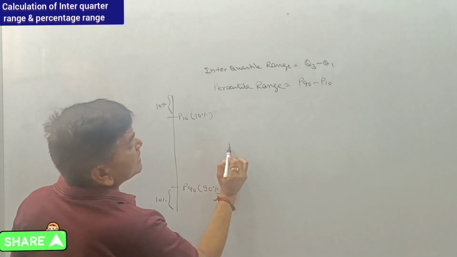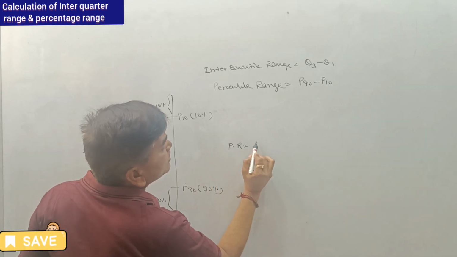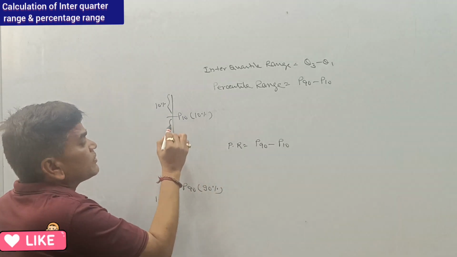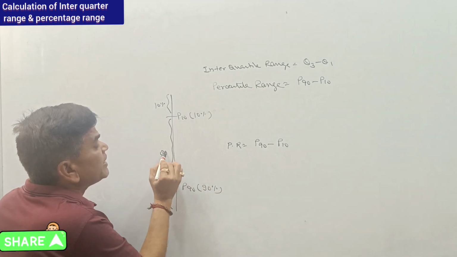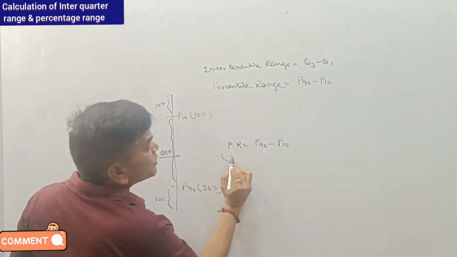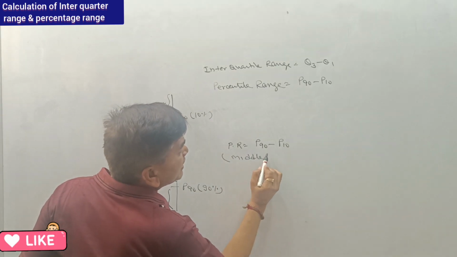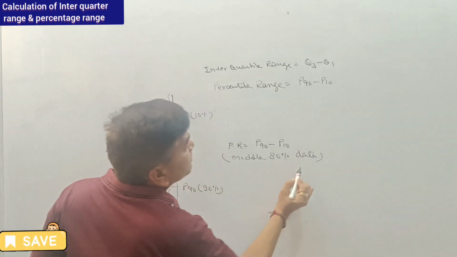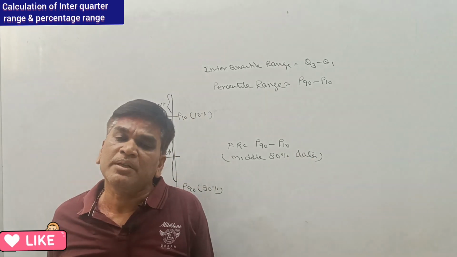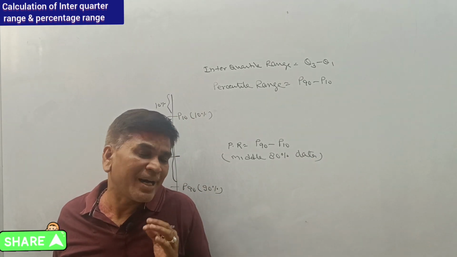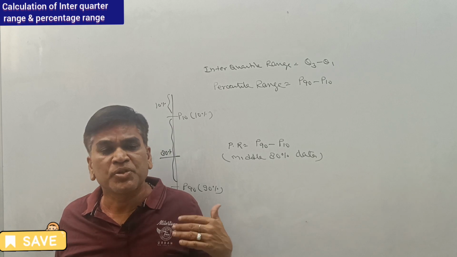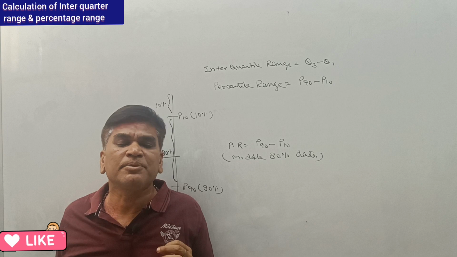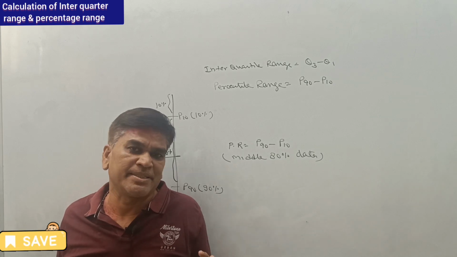So if we want the dispersion of the middle 80% of the data, we have to calculate the percentile range.